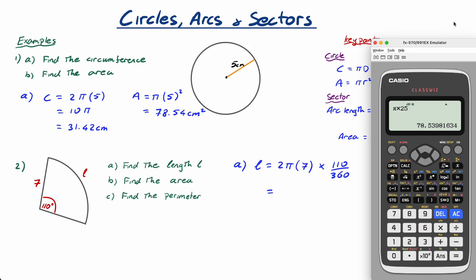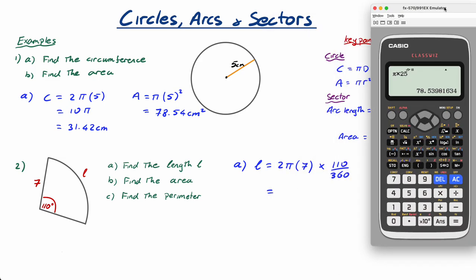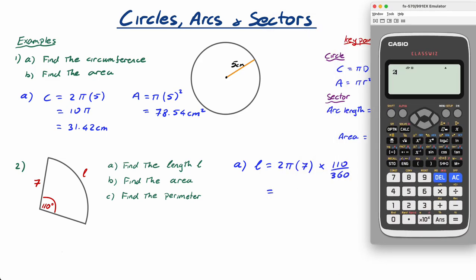So it's fairly straightforward, guys. I think not a bad question. So we've 2 times pi times 7, 2 pi 7 times 110 over 360, which is that.